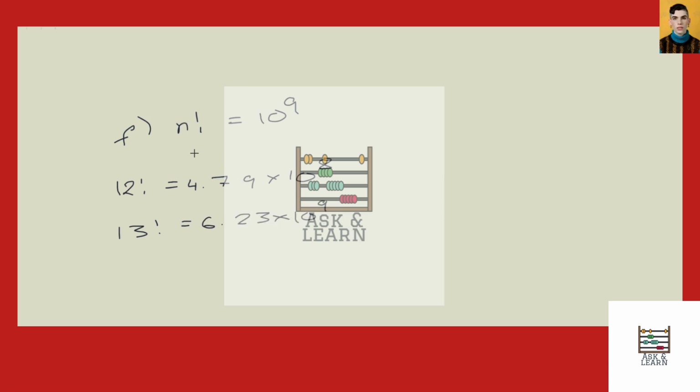So we know that 12 factorial is less than 10 to the 9, which is less than 13 factorial. This means n must be somewhere between 12 and 13. Since we're working with factorials, and at least for this level of mathematics, saying 12 is good enough.